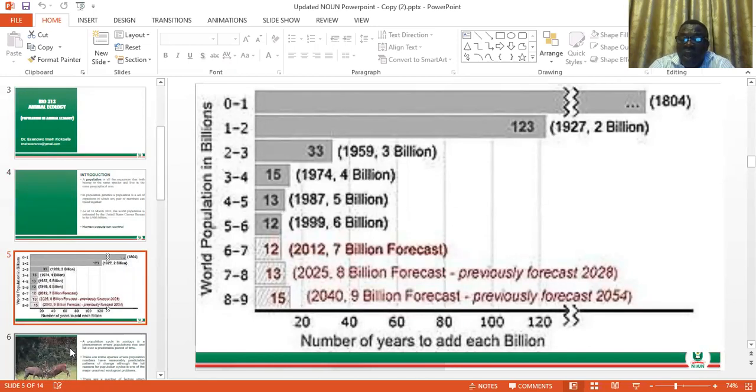And that's what we have presently as an estimation. But the forecast is that in 2021 we will have 8 billion, and another forecast is that by 2040 it will be about 9 billion. So you can imagine how it will look then.